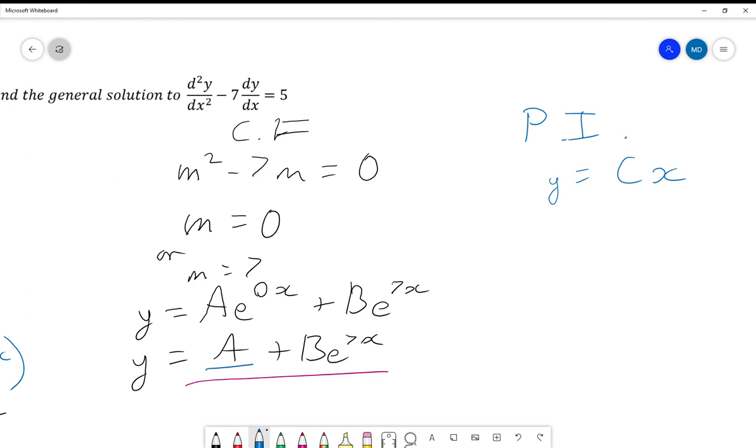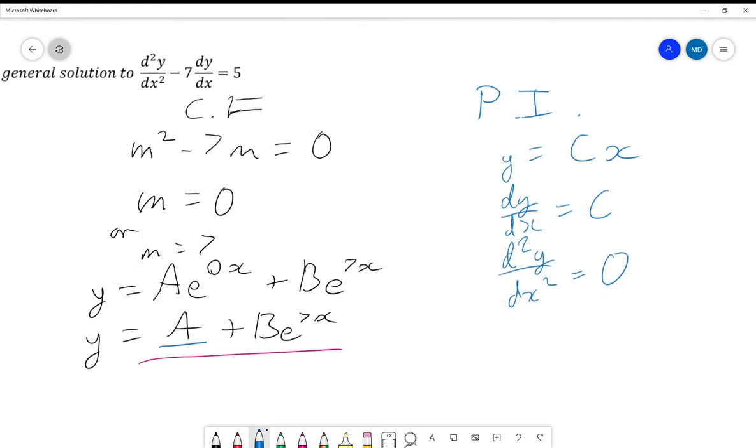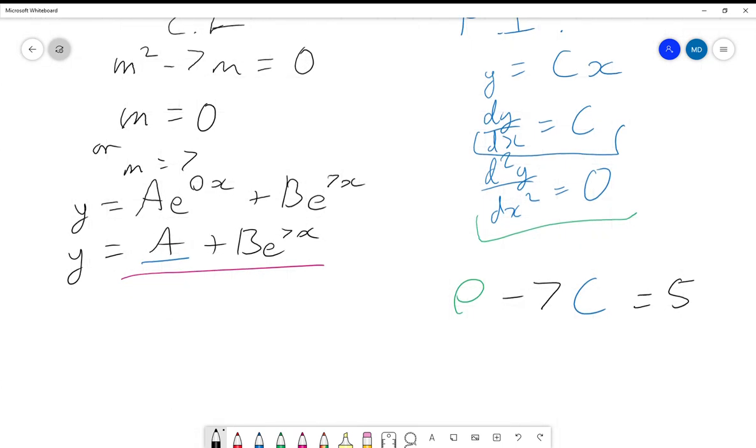Okay, and we want to plug that in, so we get dy/dx is equal to c, and d²y/dx² equals 0. Plugging that in, we're going to end up with 0 minus 7 lots of c, because we're plugging in dy/dx as c, and there are no y's, so we don't need to plug that in at all, equals 5, and that tells us that c has got to be equal to negative 5/7.